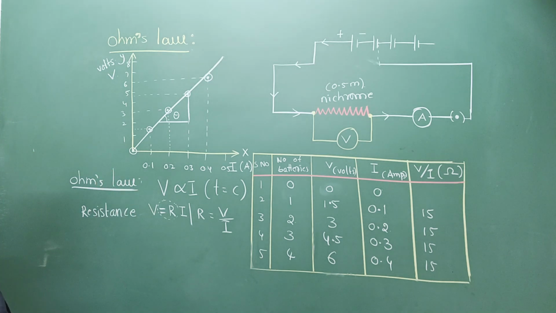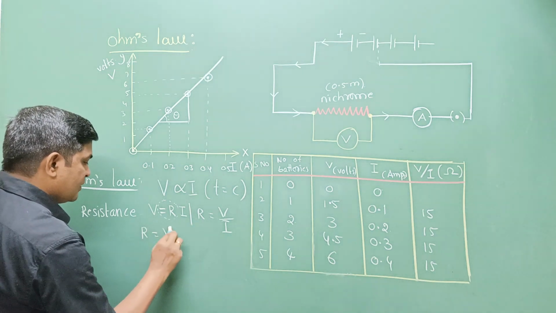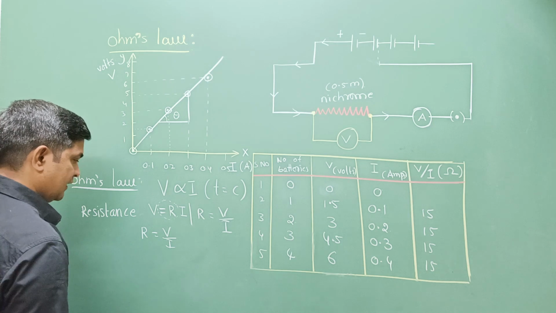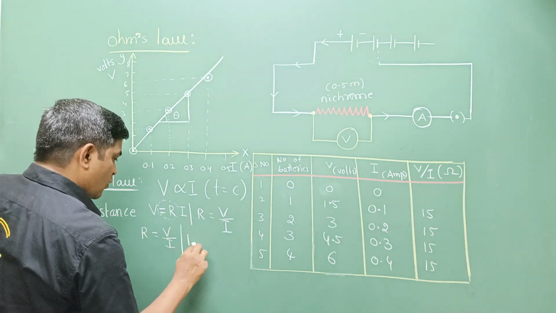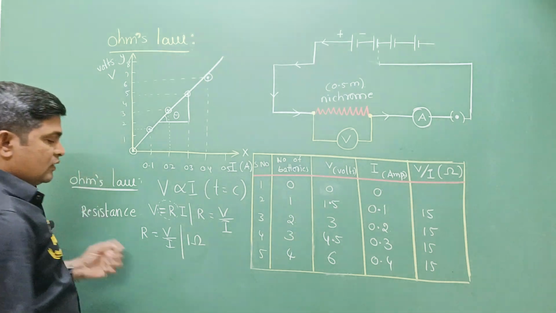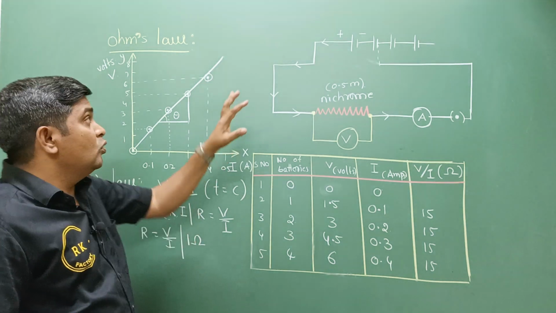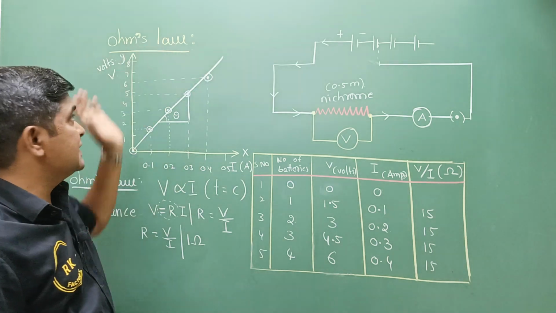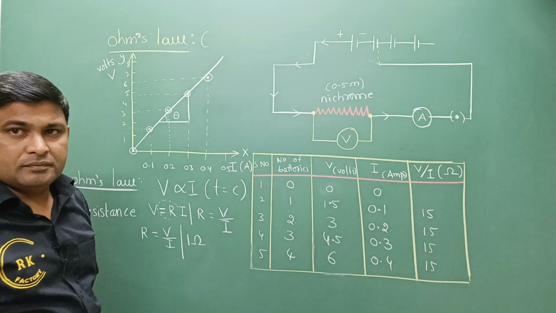So that resistance unit is what? You can understand here R equals V by I. When we have written that, the unit of resistance is ohm. The name ohm is given because the person who did all these experiments is Mr. George Simon Ohm.